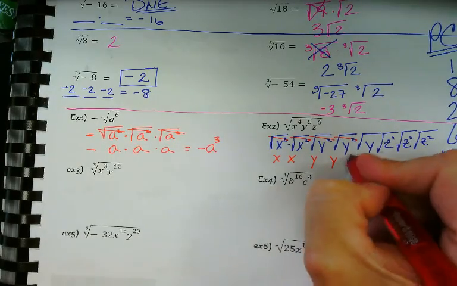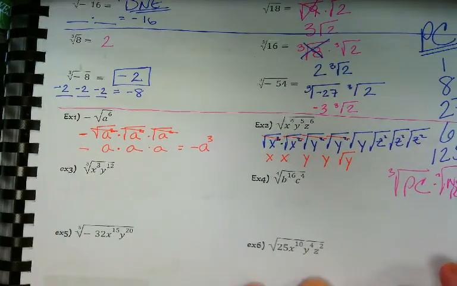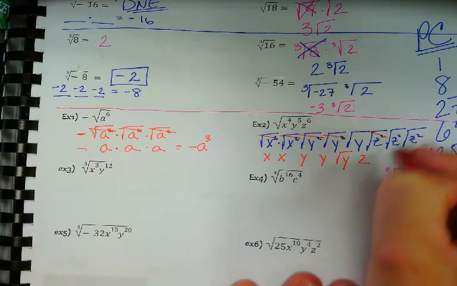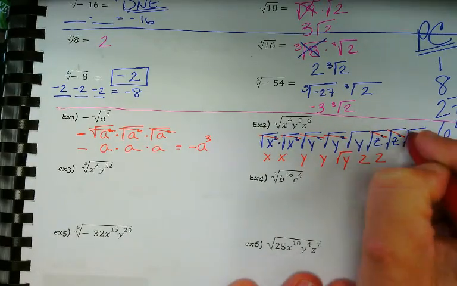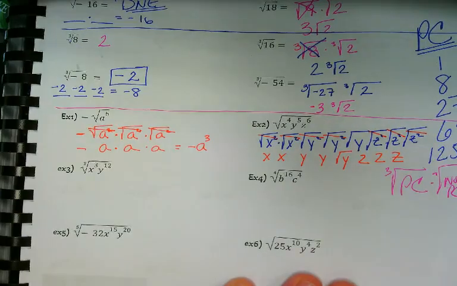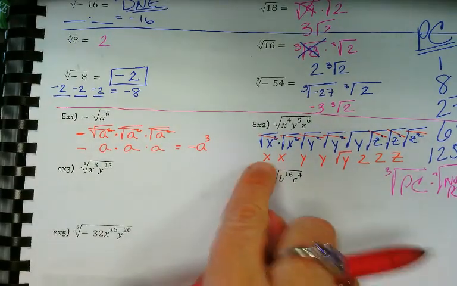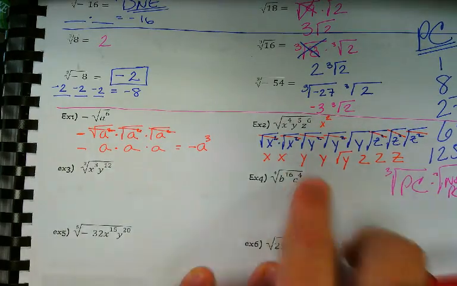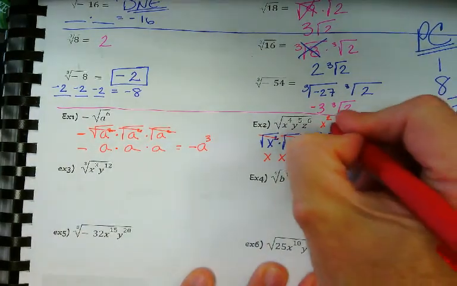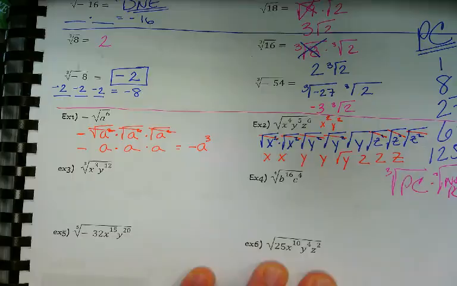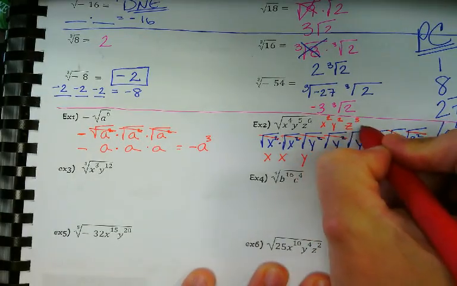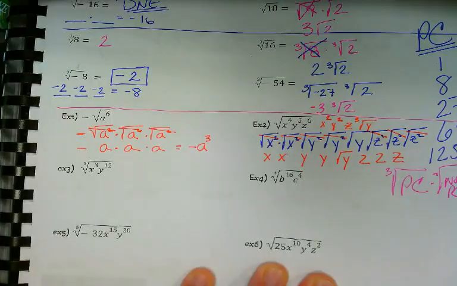No, so that's got to stay in the root. Then each z squared cancels with the root. Let's see what we're left with. X times x is x squared. Y times y is y squared. Z times z times z is z cubed. And then I have one root y left over.